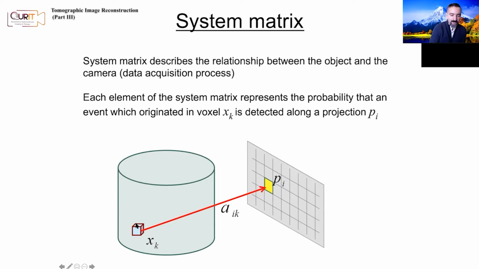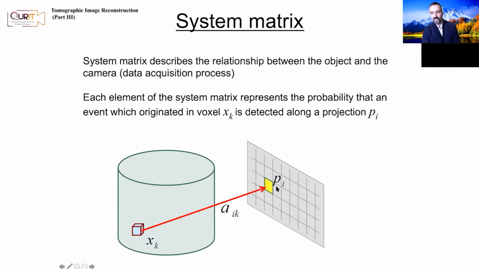So you're thinking, if I have an image, if I have an emission from this pixel or voxel, what is the probability that I will detect it along a certain line, a projection here? Each element of the system matrix represents the probability that an event which originated in a certain voxel is detected along a certain projection.